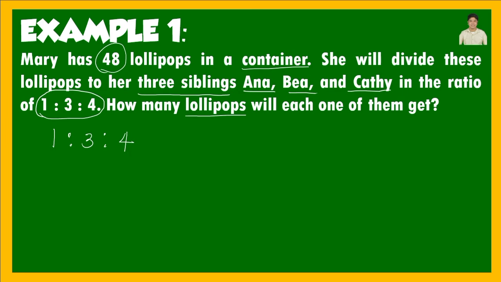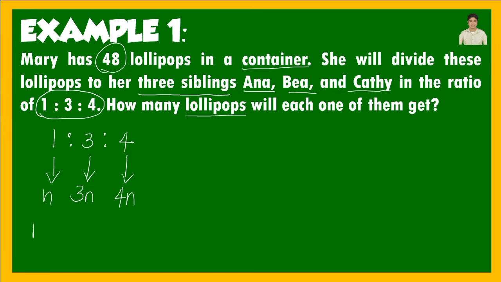Okay, kasi number. So, pwede natin isulat itong si 1, n siya. And then si 3 naman, 3n. And then si 4 naman, 4n. And then i-add natin yan, equal natin sa total number of lollipops na nandun sa container, which is 48.